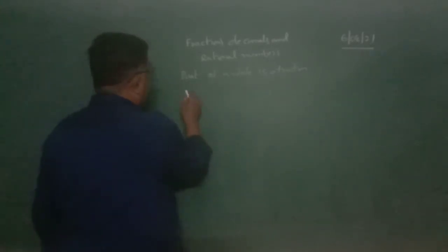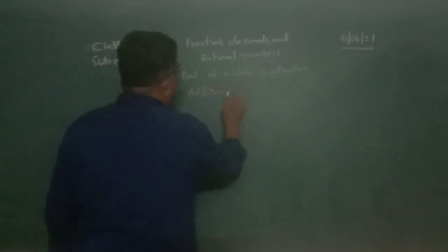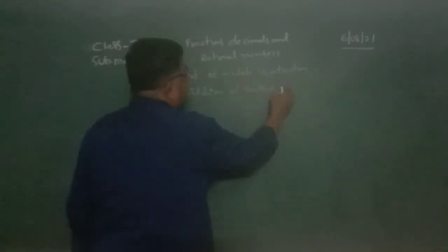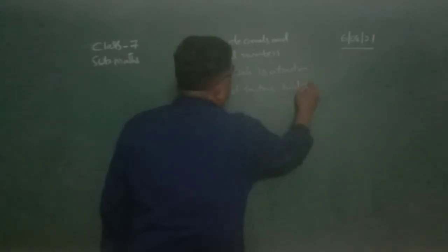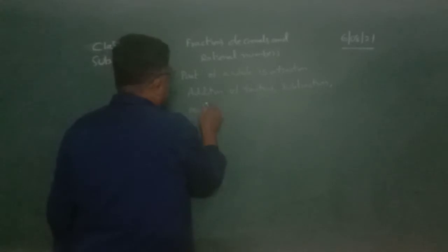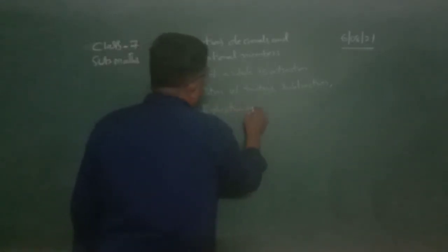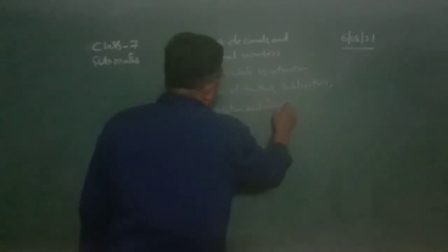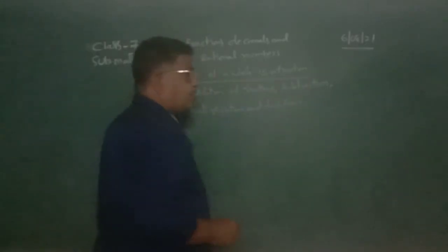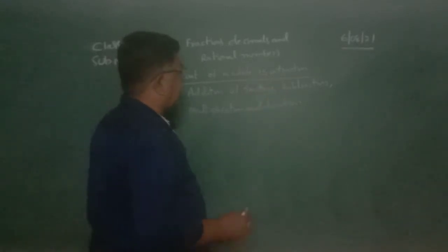We learned how to add fractions, subtraction, multiplication and division. So, we learned what is a fraction. Anything that is a part of a whole is called a fraction. Addition of fractions, subtraction, multiplication and division of fractions.